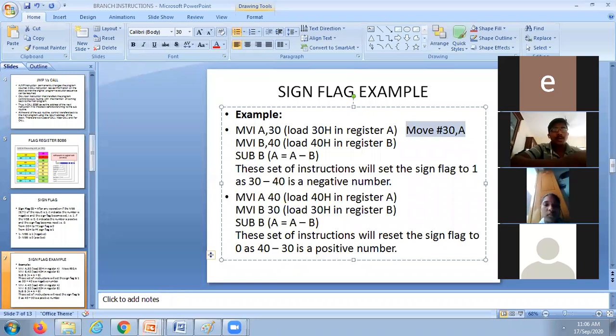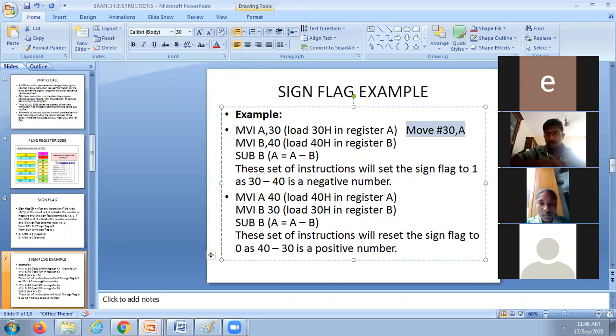This means move 30 data to register A. That's what we learned earlier.